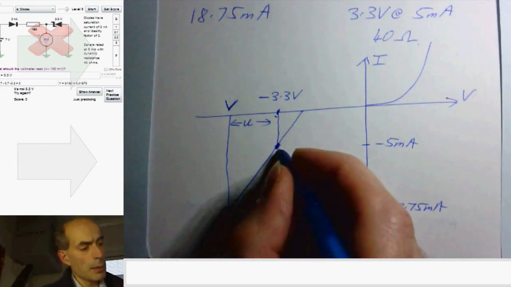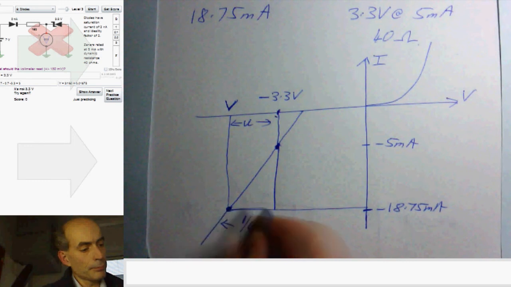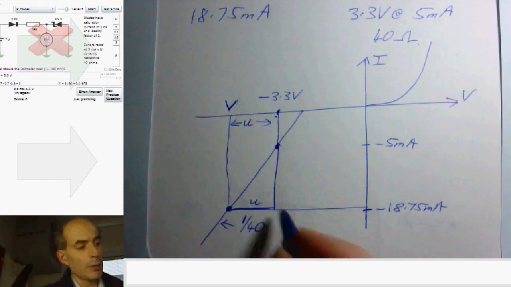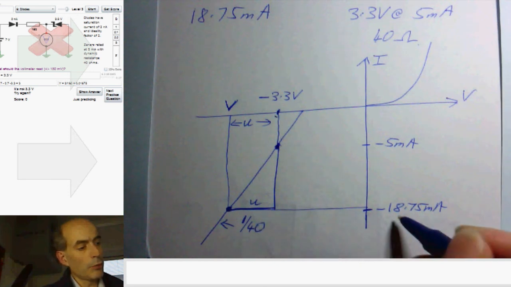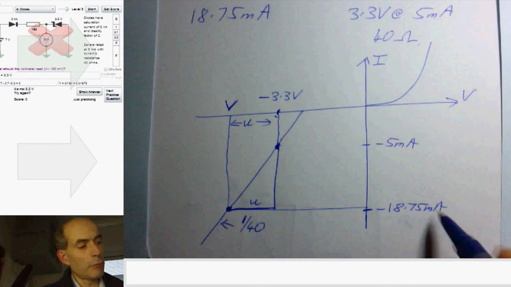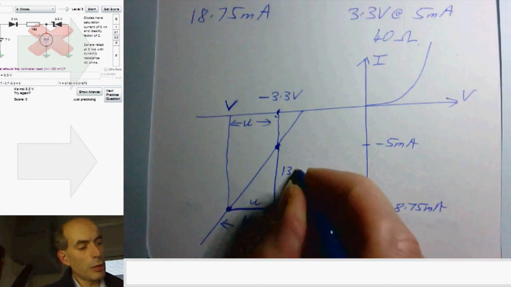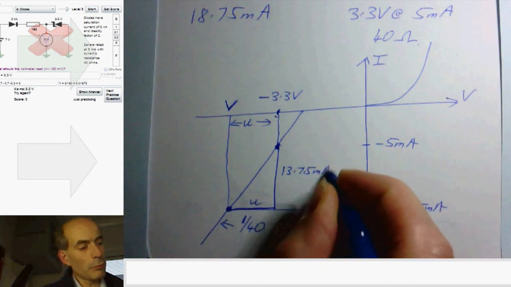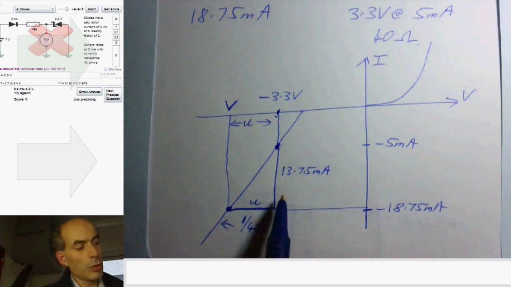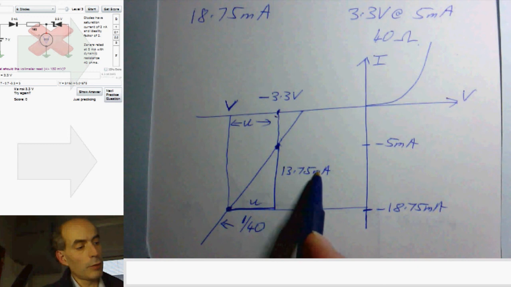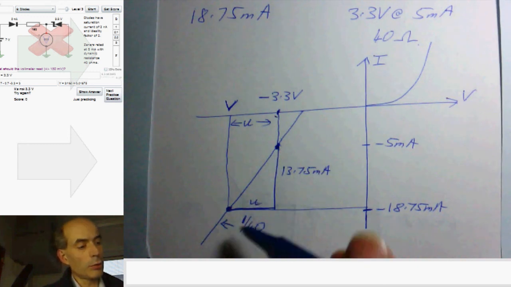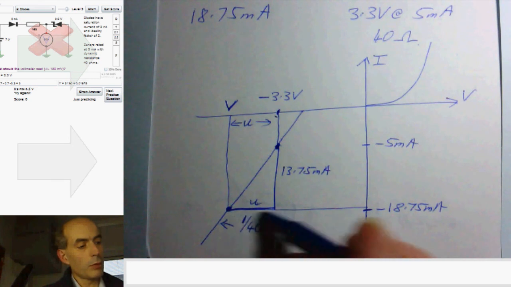Well, consider this triangle here. The base of this triangle here is just U. The height of this triangle is the difference between minus 5 and minus 18.75 milliamps, so that's 13.75 milliamps. And we know that the gradient is the ratio of 13.75 milliamps to U. That's just gradient is height over width down here.